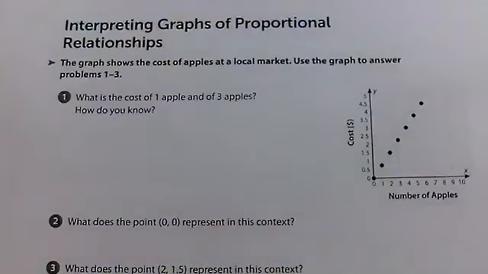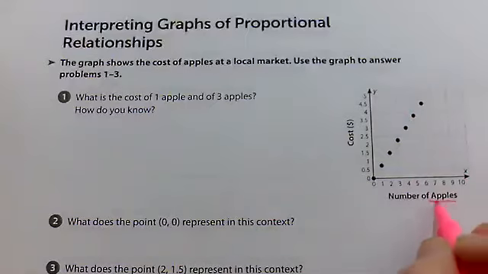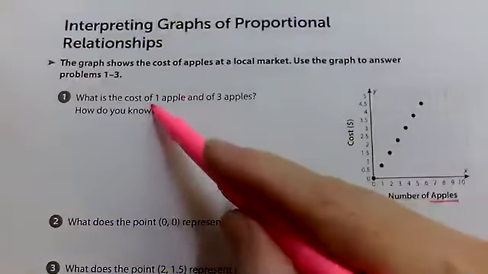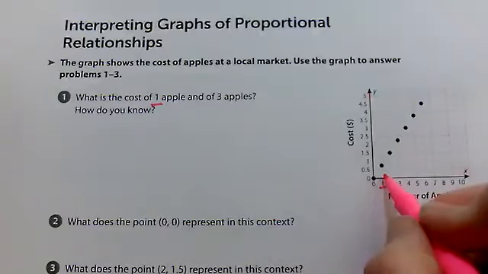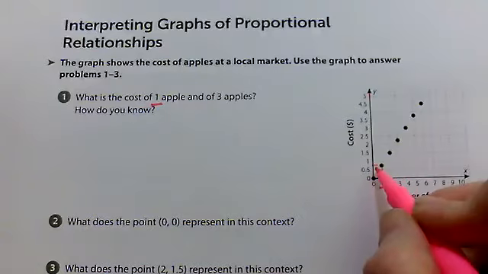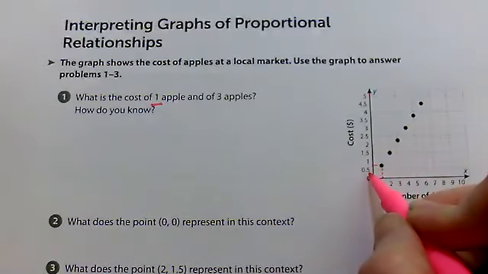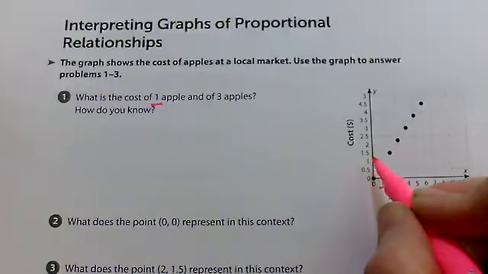So let's swap back over to our worksheet. Number 1 says the cost of 1 apple and the cost of 3 apples. What is it? So I'm going to look at my chart. My number of apples is here, and my question is asking me for 1 apple. So I'm going to go up here and follow it across. Well, it's not quite on 0.5. It's not quite on 1.